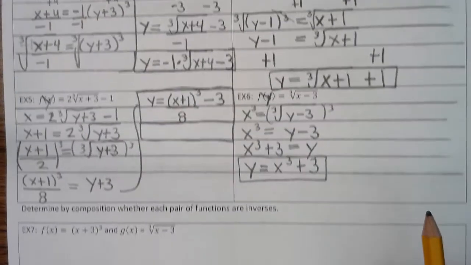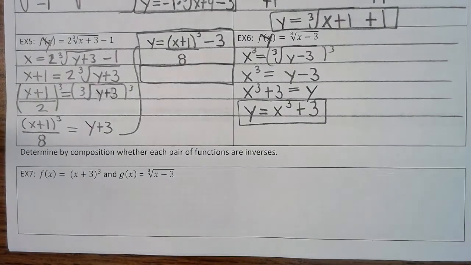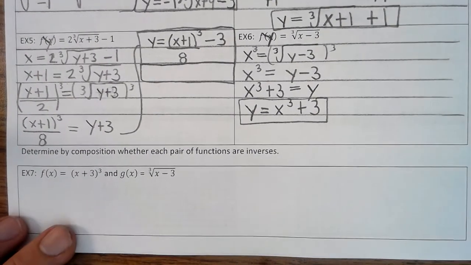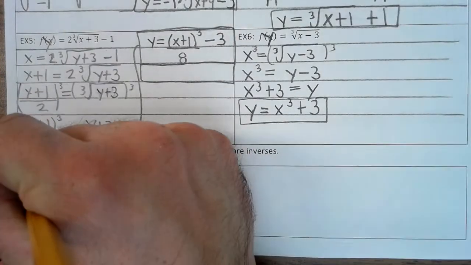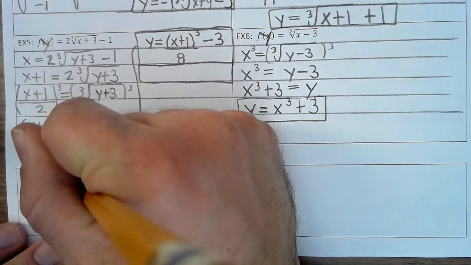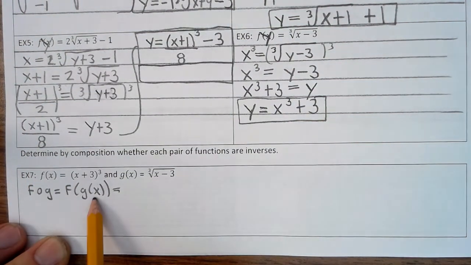All right, now let's look at example 7. Determine by composition whether each pair of functions are inverses. Now I did it with color last time, but I'm just going to do it with pencil this time. Okay, so we do f of g, which is f of g of x, which means we're going to put g of x into x.